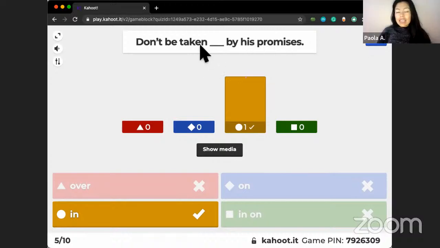Taken or take or took in, it could change the verb. It's talking about like don't believe him, not don't believe in his promises. Don't be taken in. Don't be fooled, maybe.